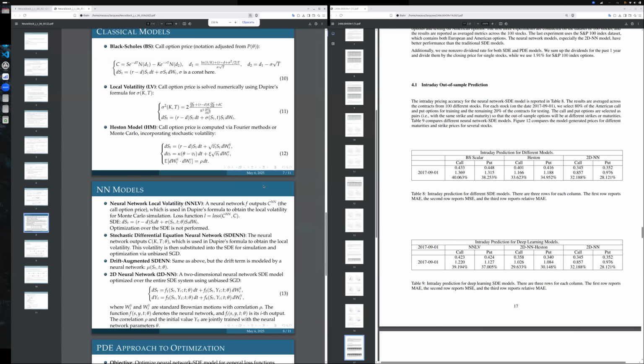But the two-dimensional neural network model has better performance than classical models, but not as much as it was for European options.